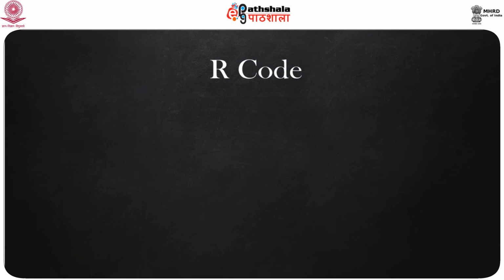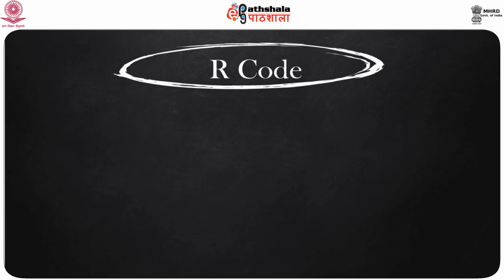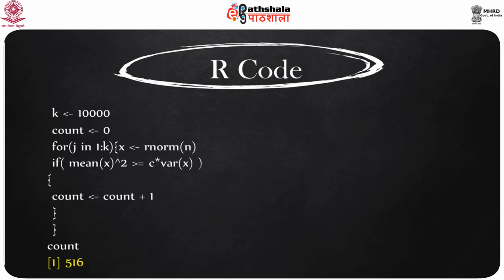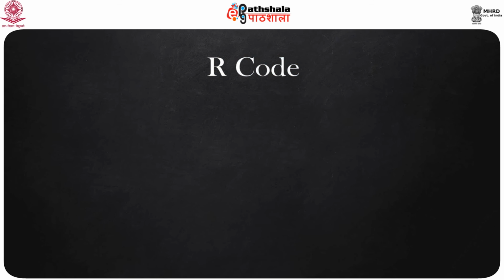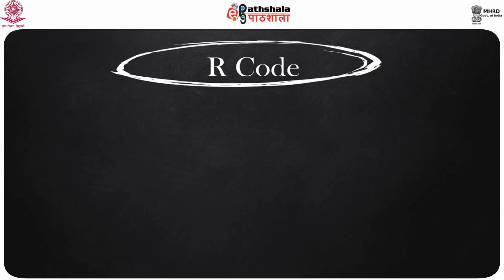Now, as we have told earlier that we will increase the simulation size, so we are doing exactly that thing here only. Here we are taking the simulation size, that is k, to be 10,000, and look at this. This is what we are getting here. Here the count is found to be 516. Keep on doing the same thing of experimentation with varying k again.